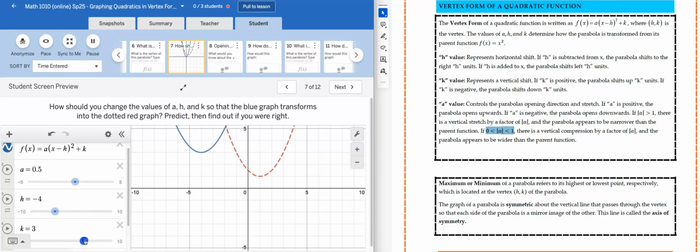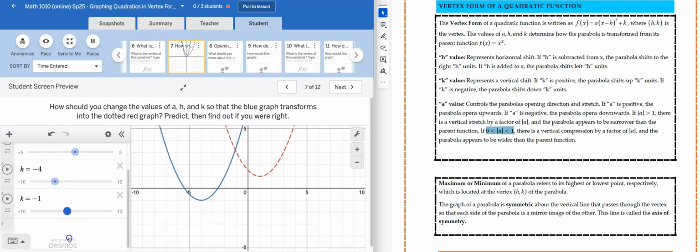And then this was -1. All right, so we can see, and I don't like that this red one isn't at 0, 0 because it's hard to compare there, but imagine that there was one right here where the vertex is at 0, 0. So from there, we're going 4 places to the left, down 1, and you can tell it's just a little bit wider.